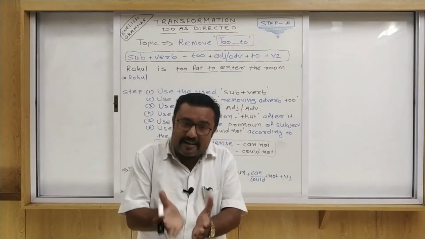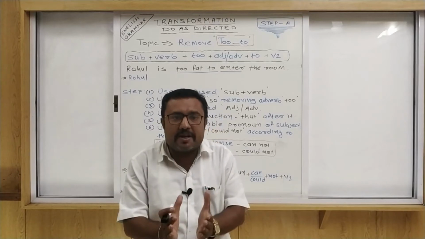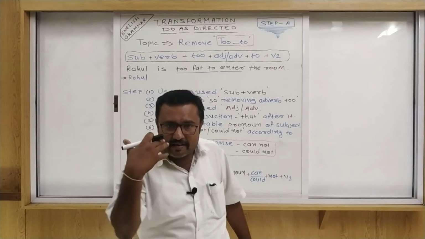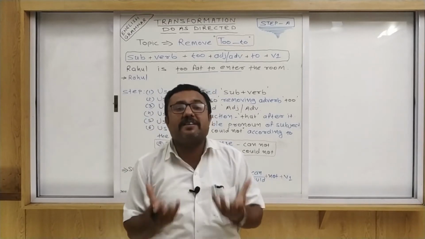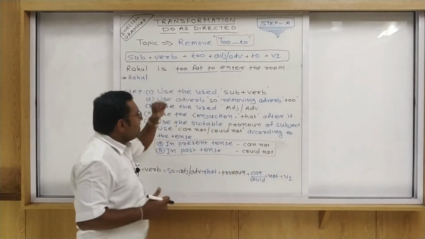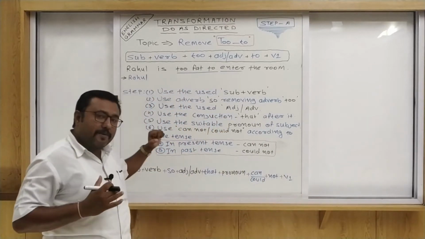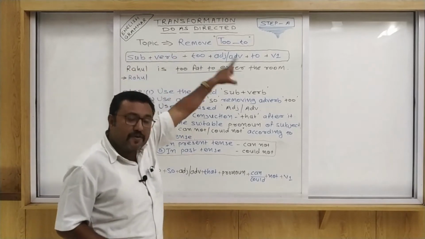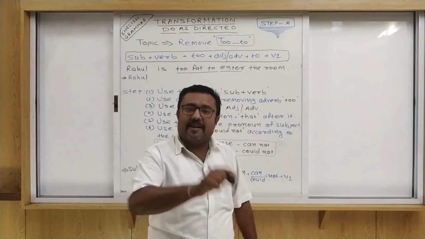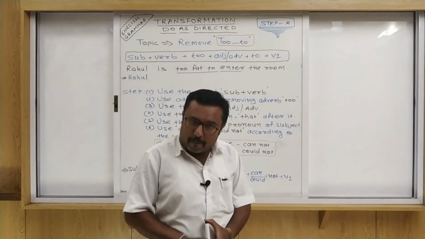So here the sentence is affirmative, but its meaning is negative. Why? Because of the expression 'too fat'. Rahul is too fat means Rahul is extremely fat. Rahul is so fat that he cannot enter the room.